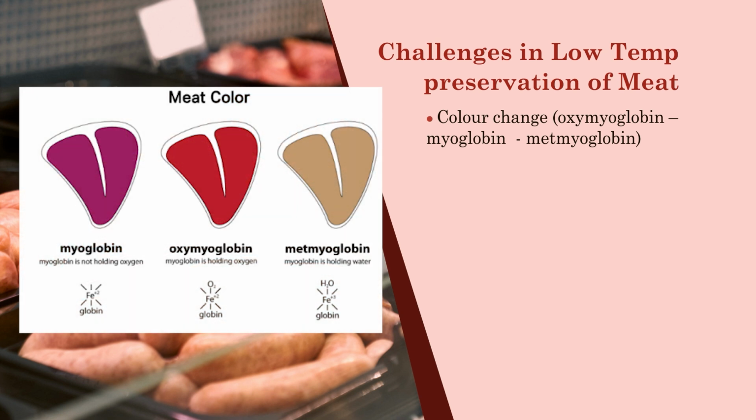Color change: if you see the figure here, there are meat pigments. The oxymyoglobin may turn into myoglobin in the absence of oxygen, and then eventually it turns into metmyoglobin. So it means the meat, which is slightly brownish fresh meat color, turns brown.